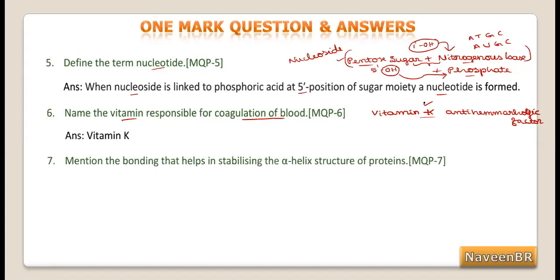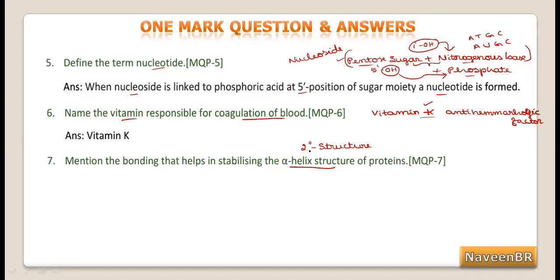Next question from the seventh model paper, PU model paper. It's about the structural levels in proteins. Mention the bonding that helps in stabilizing the alpha helix structure of protein, which refers to secondary structure. You can recall, the structural levels of protein are studied under primary structure, secondary structure, tertiary, and quaternary structure.